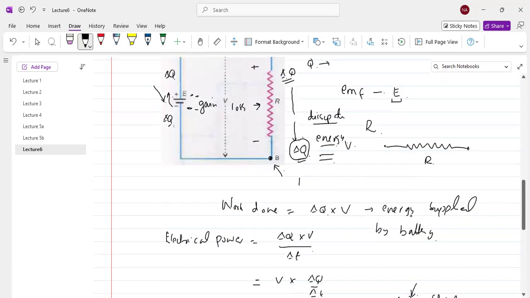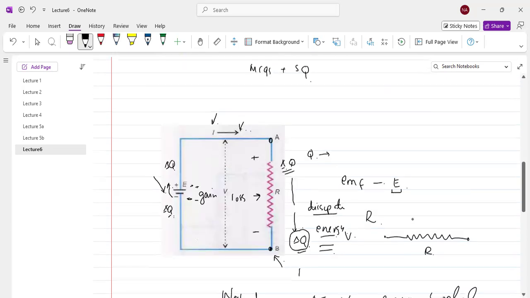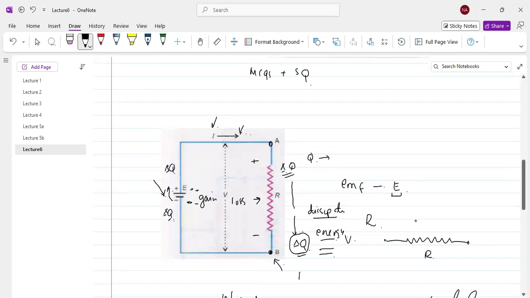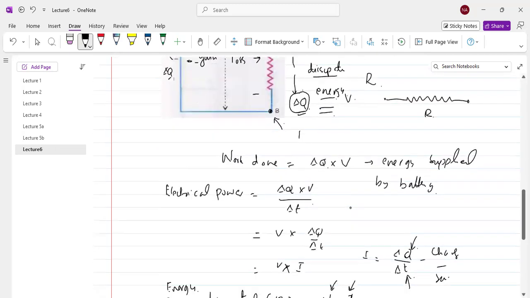So there are two things. Let me summarize it again: electrical power, and power dissipated as heat in resistors. Electrical power of a source or a battery is defined as work done divided by time taken. What is work done?